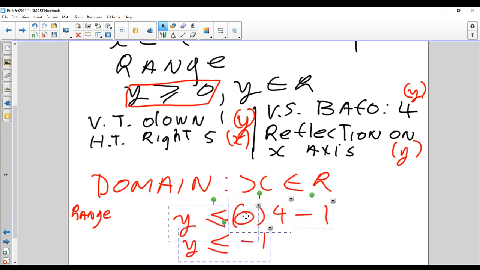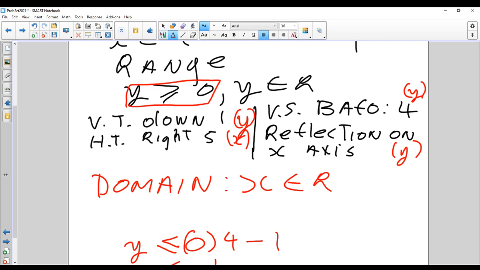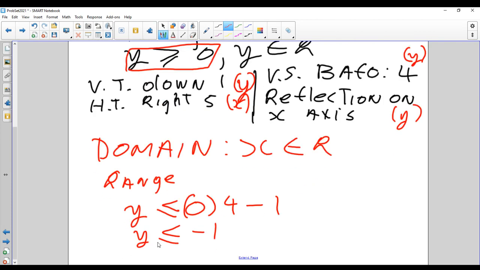Move it down, and then I can delete that, and I'm going to write range on top of that. So this part is the range. So the range finally works out to be y is less than or equal to minus 1. So it's any real number as long as you're less than minus 1.